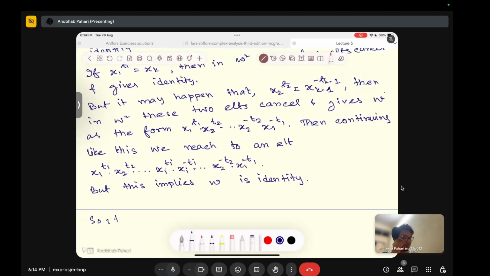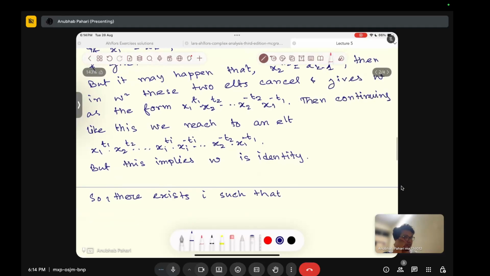So there exists i such that when we take powers of w, then the powers of xi increase.